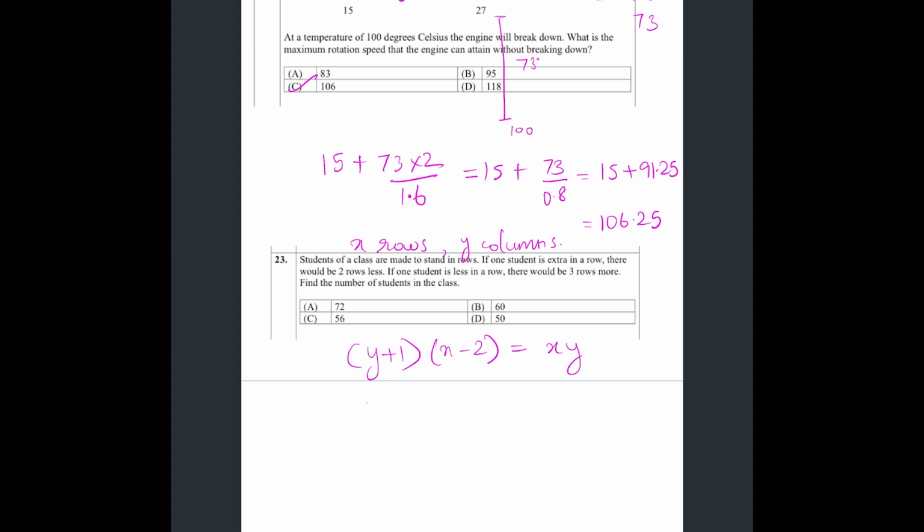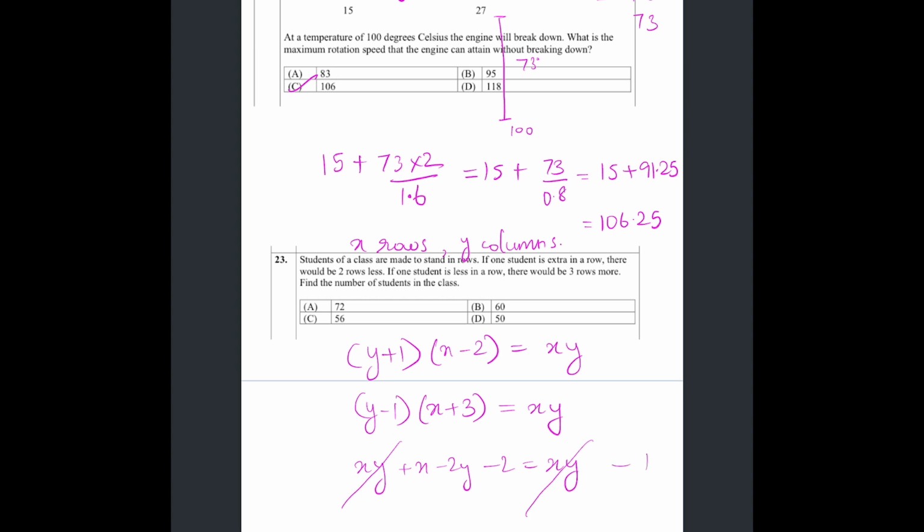And similarly, if one student is less in a row, that is one column is less, right, then there would be 3 rows more, and this we can also equate to XY. So we'll get XY plus X minus 2Y minus 2 equals XY, right?